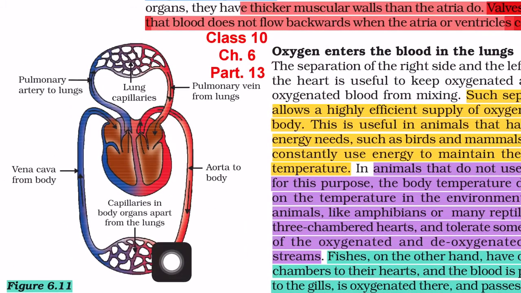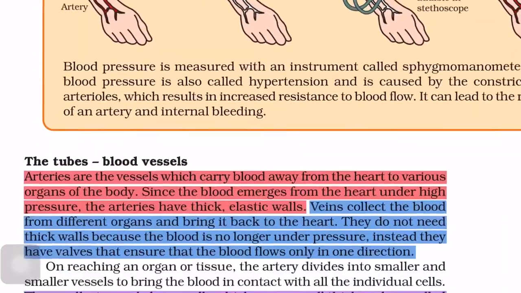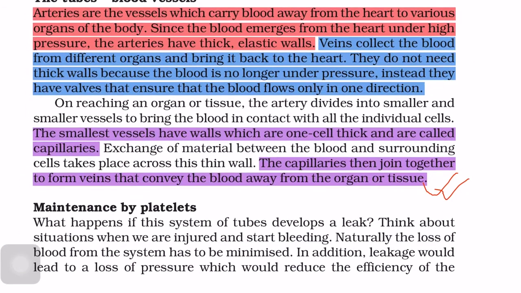These are called capillaries. So when it reaches any body part, it divides into small capillaries, which ensure that every part or every cell of the body can get the pure blood. So these are called capillaries.